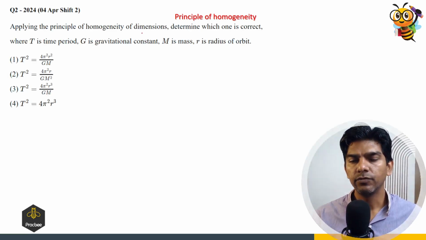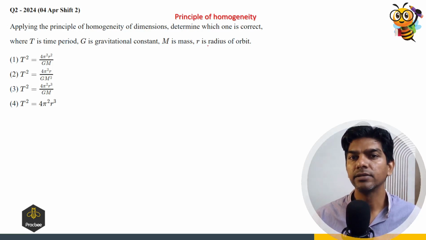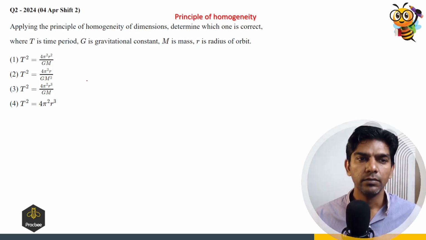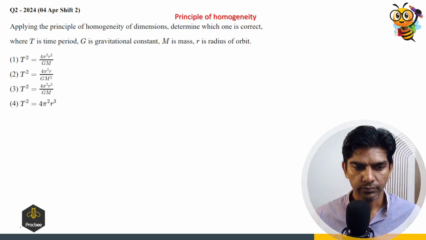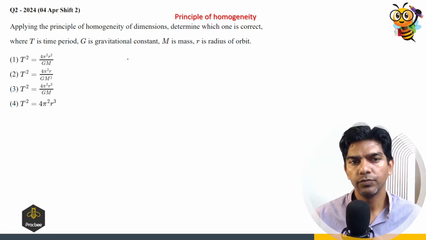Applying the principle of homogeneity of dimensions, determine which one is correct, where T is the time period, G is the universal gravitational constant, M is mass, and R is the radius of orbit. So now let us remember the formula.